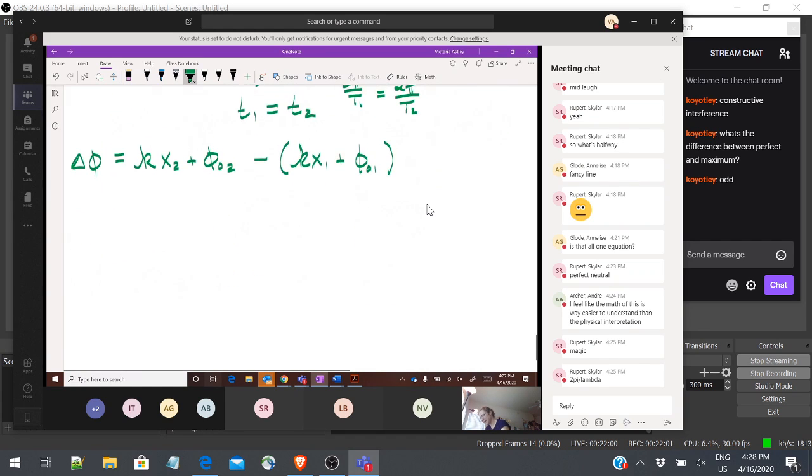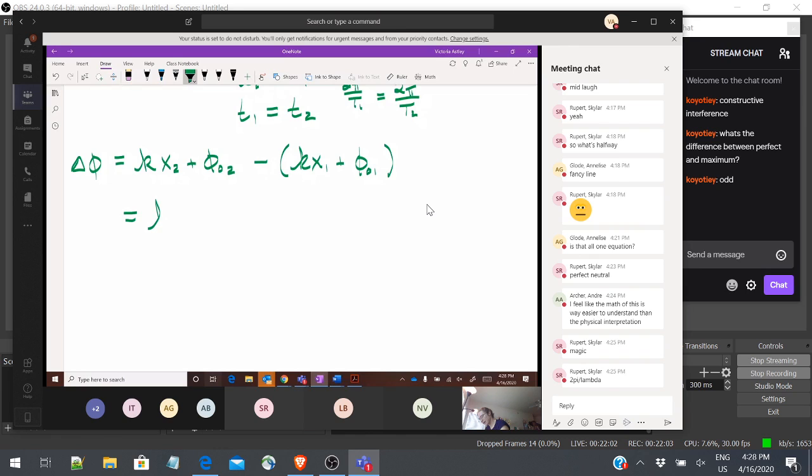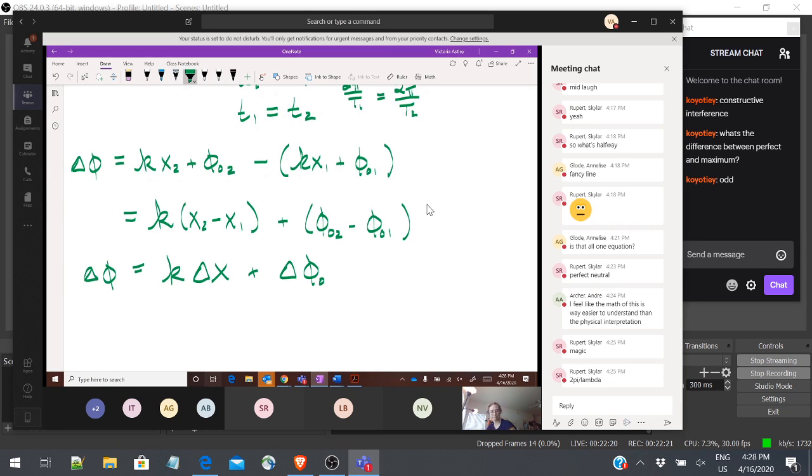So I can simplify this to k times x2 minus x1 plus phi naught 2 minus phi naught 1. And then that gets written as k delta x plus delta phi naught.